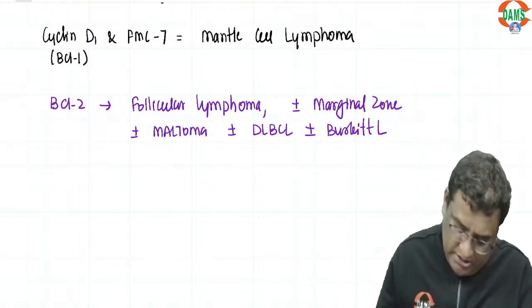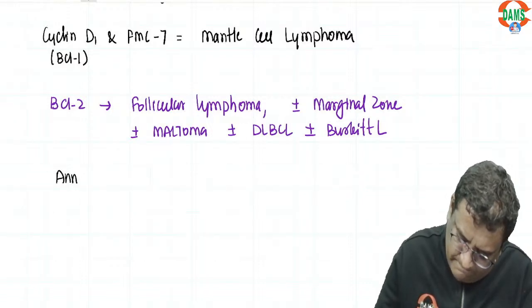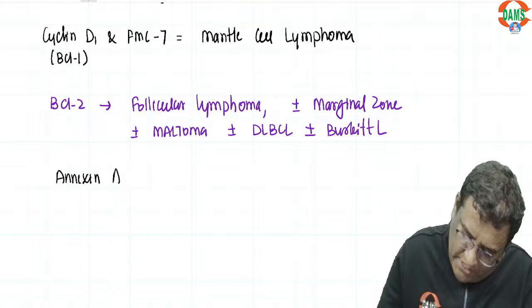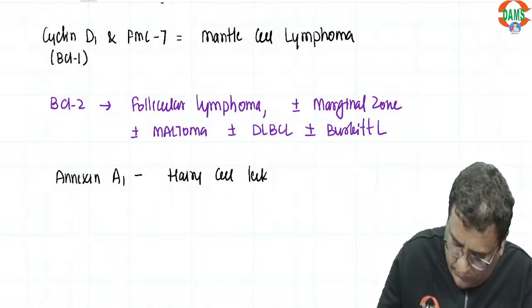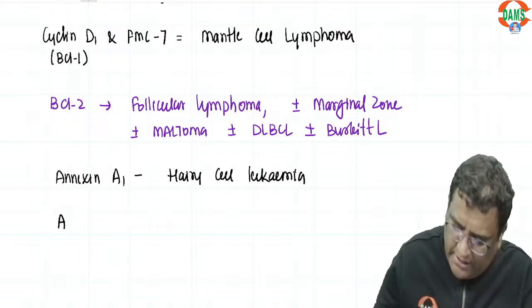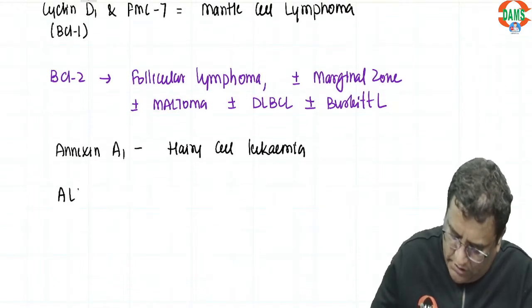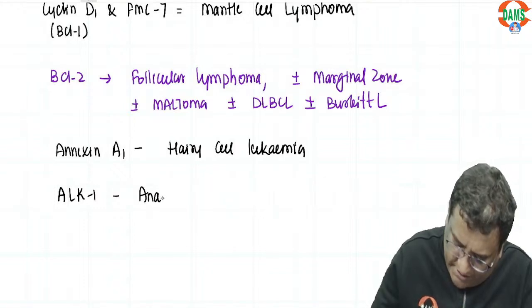Next marker I want to discuss is annexin A1. Annexin A1 is a marker of hairy cell leukemia. Then next, one more marker, ALK1. ALK1 is a marker of anaplastic large cell lymphoma.